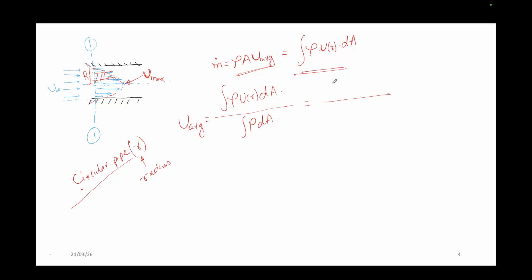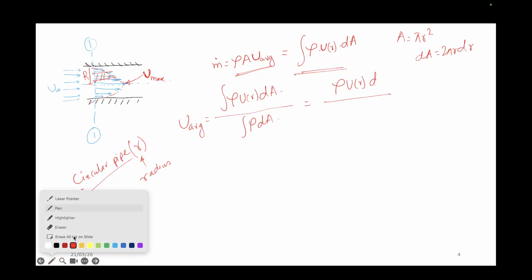In that case, can I write this as rho u? I don't know the value of u. A, I know generally A is pi r square. So dA is 2 pi r into dr, right? So in place of dA it should be 2 pi r.